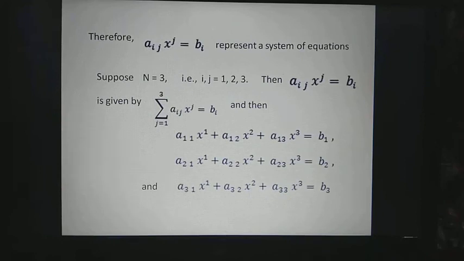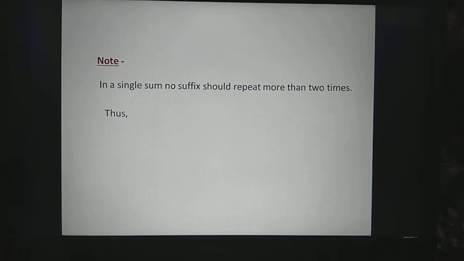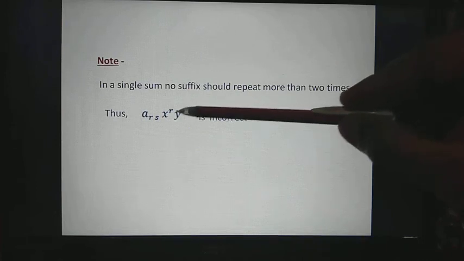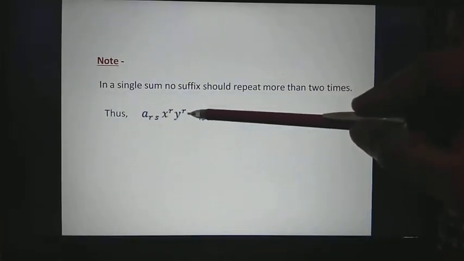Here one thing is to be noted, that in a single sum no suffix should repeat more than 2 times. Thus the expression ars xr yr is incorrect because here r is repeated thrice.